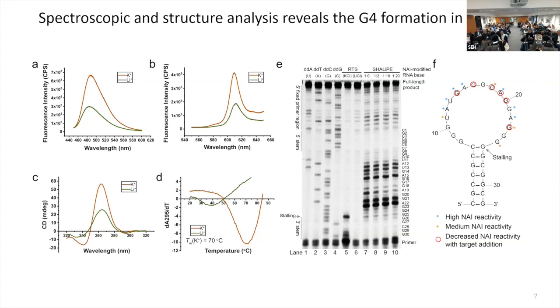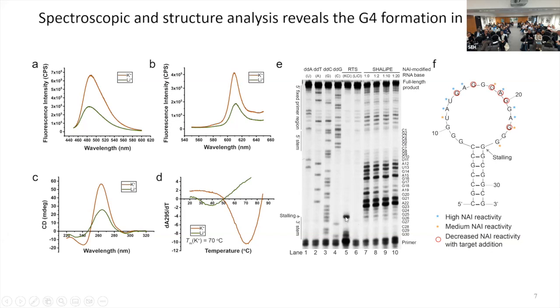So when it's added to the DNA product, the reverse transcription will stop and there is stalling here. By reading the sequence from the sequencing lanes, we can see it's consistent with the aptamer sequence, and this can be used as a ladder.